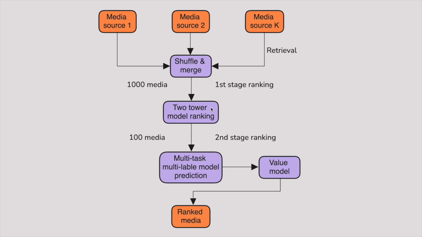In our case, you would run a multi-label, multitask model that would produce different probabilities for a user to either click on that recommendation or like it or perform different types of actions. These different probabilities would form a single probability that would be used to recommend, let's say, the top 10 or top 20 videos to a user.